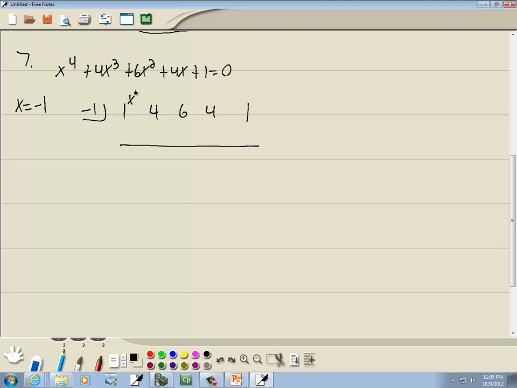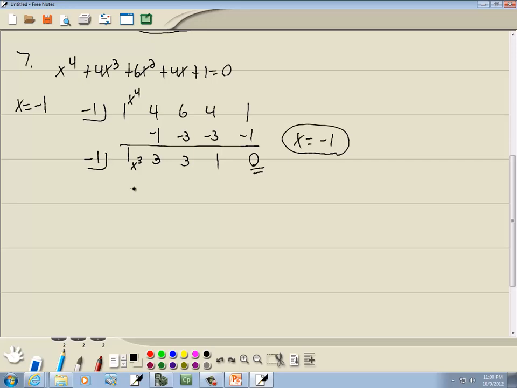Now this is x to the fourth. So I'm going to add, multiply, add, multiply, add, multiply, add, multiply, add, and we get a 0. That tells us that x equals negative 1 is our first answer. Now we're down to x to the third. Well, we don't have any other answers, but there's nothing saying that answer isn't going to repeat.